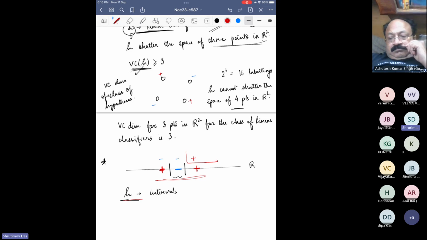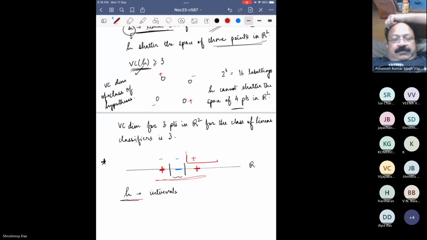So your VC dimension cannot be 3 in this case, it may be 2, because of this interval type of hypothesis class. The VC dimension is the maximum number of points for which we can shatter all possible combinations, or differentiate all possible labelings of those points.